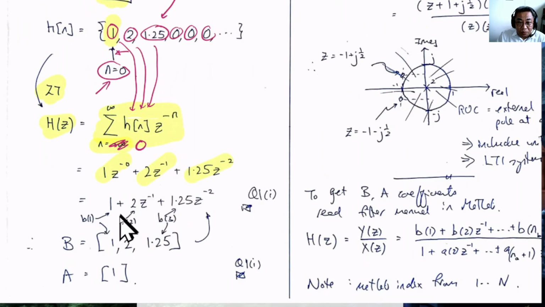Sometimes we want to convert this into B's and A's, where B's and A's are the coefficients of the filter in MATLAB.